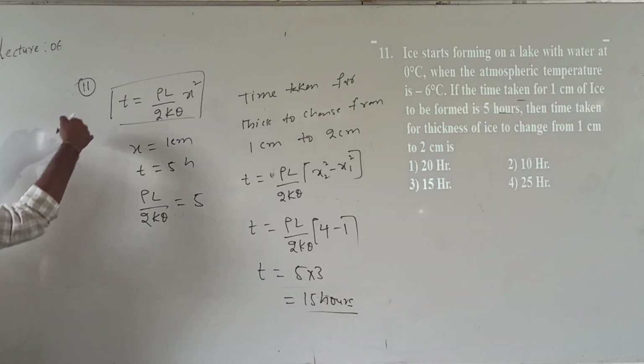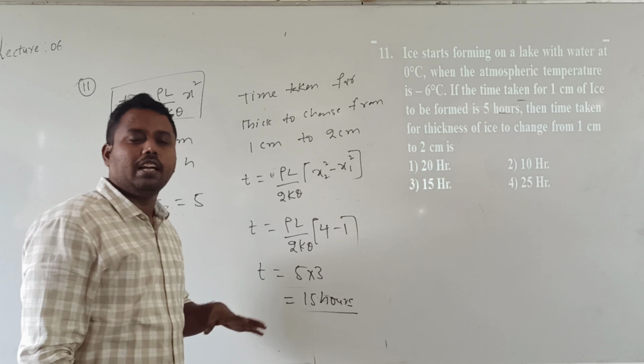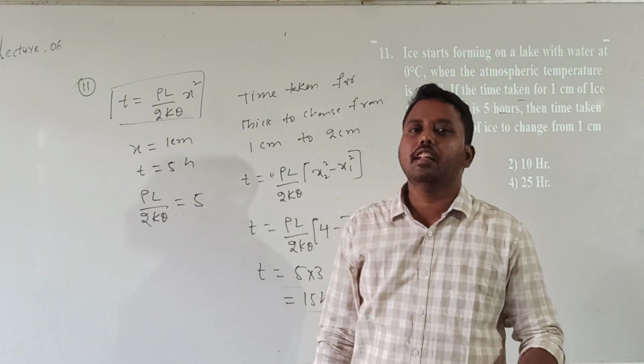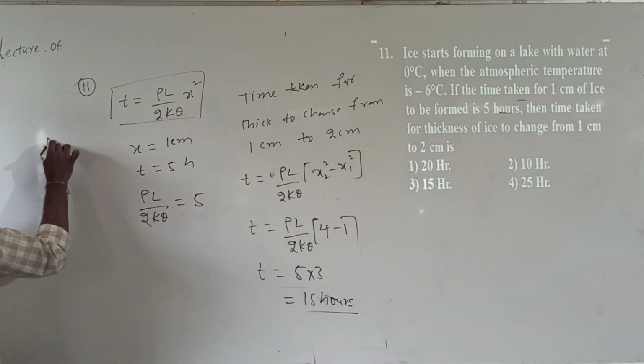Even if you want, we can derive the formula also. Derivation is not necessary, but it can be derived by the method. Just roughly I will tell you. See once.